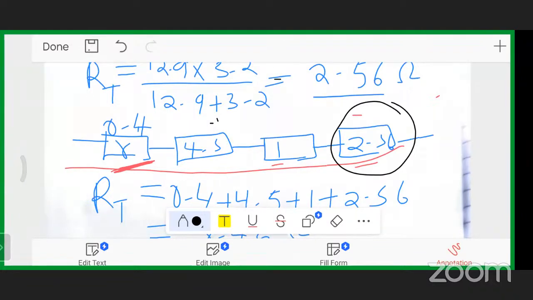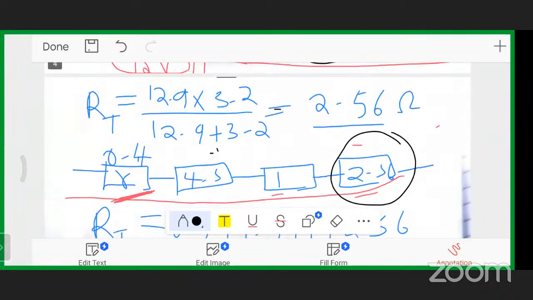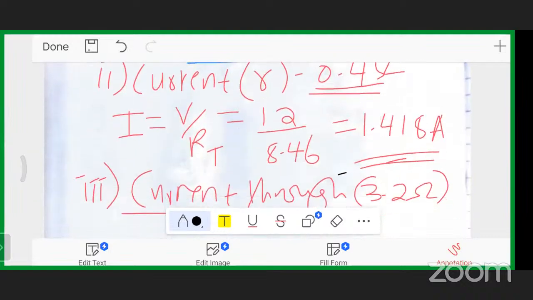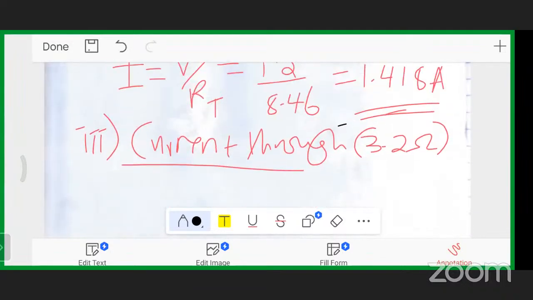So we know two things. Number one, we know that from the resistor where it belongs, the total resistance there is 2.56. Number two, we also know that the current flowing through the 2.56 should be the same current that you have found up there, 1.418. So let's use those two to get the potential drop, or the voltage across.